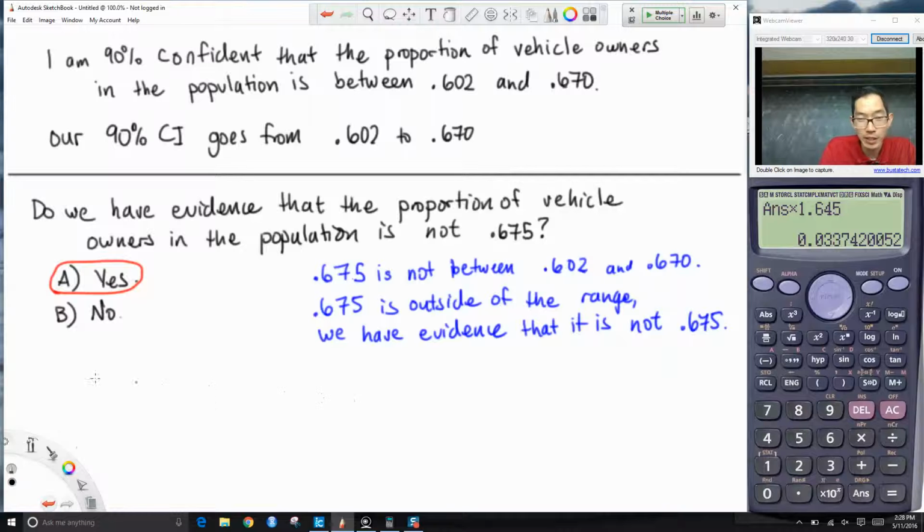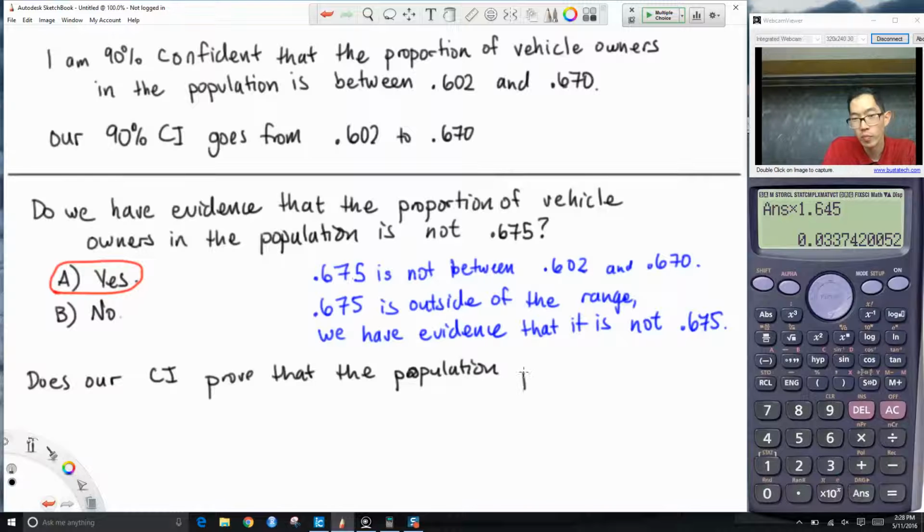However, if I had written this and said, does our confidence interval prove that the population proportion is not 0.675? The answer here is no. Okay, and the key difference is that it's saying, does it prove that the population proportion is not 0.675?